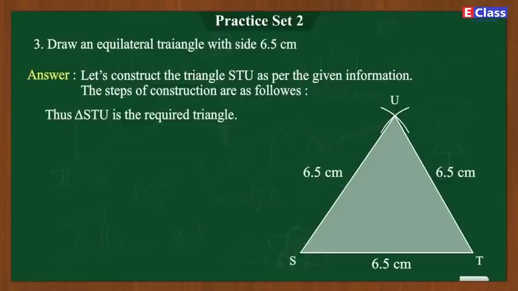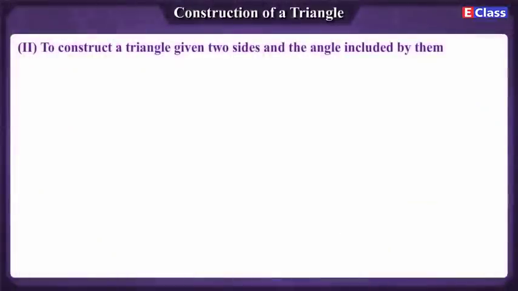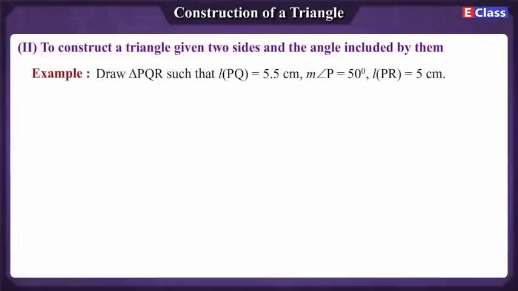Now students, you have to solve the remaining last question of this practice set yourself. 2. To construct a triangle given two sides and the angle included by them. Example. Draw triangle PQR such that length of PQ is equal to 5.5 centimeters.